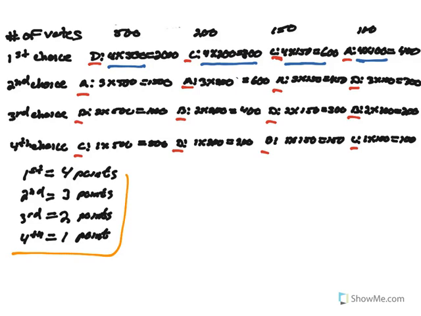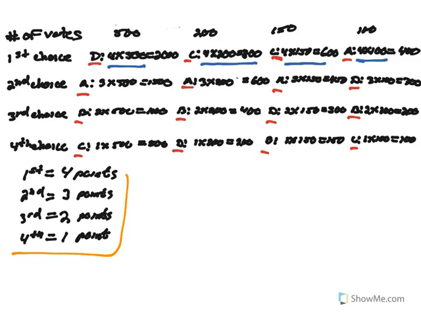All right, so now the total number of points for each design. In order to determine the answer to this question, the design with the most points is the winner.